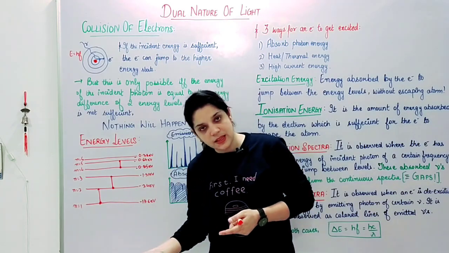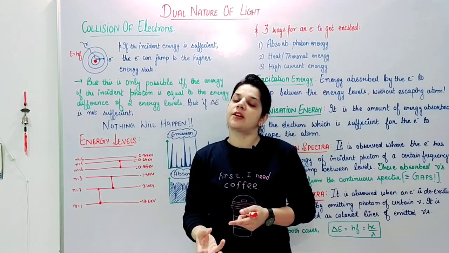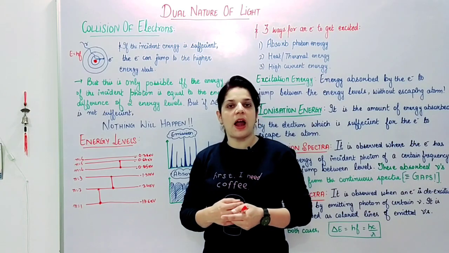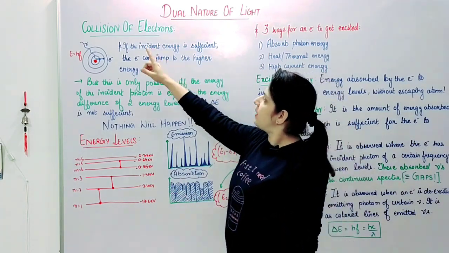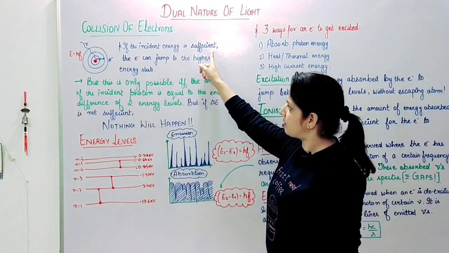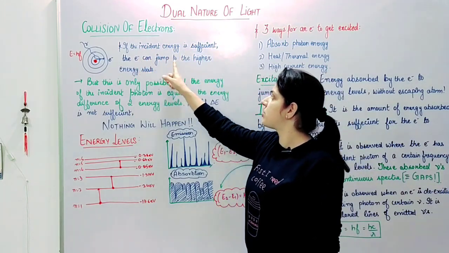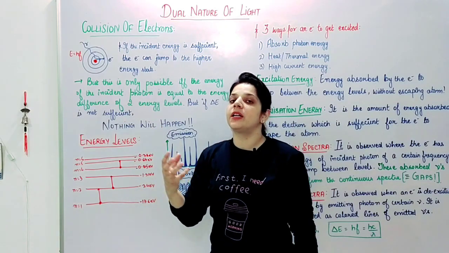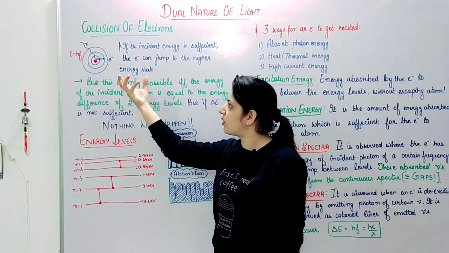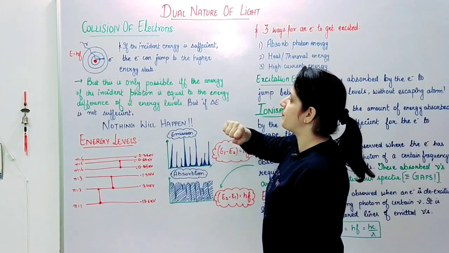If it is less than that energy, the electron will only absorb this energy and it will do nothing, right? So we say if the incident energy is sufficient, the electron can jump to the higher energy state after it absorbs the energy of this photon packet.